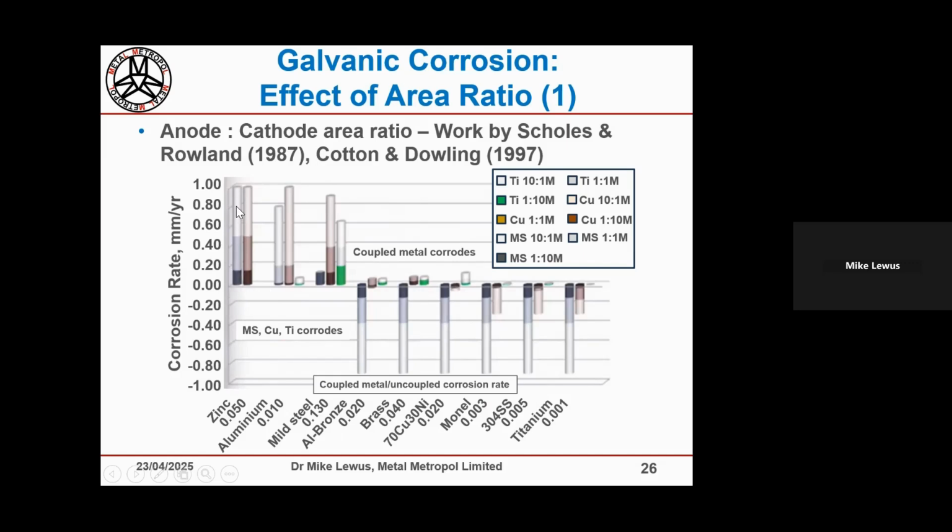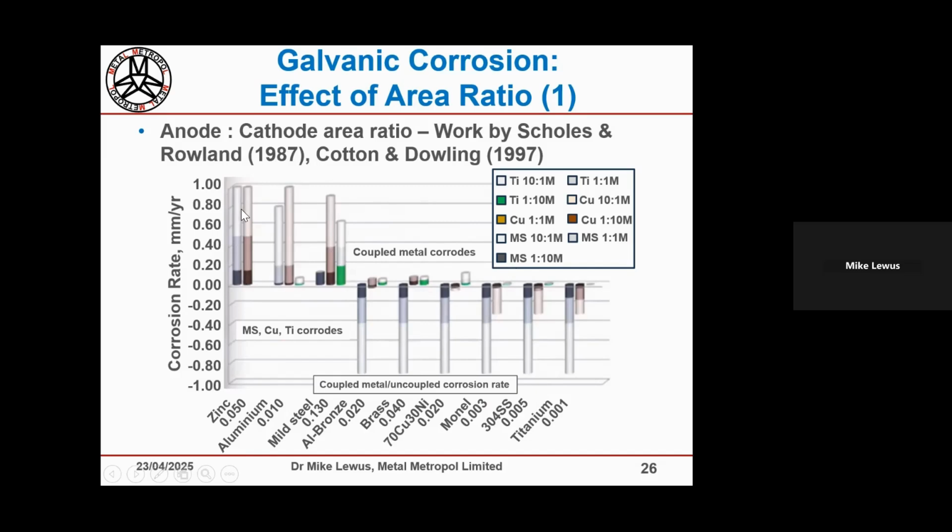But you'll see these three different colour shades. Now, the strongest colour shade is showing you a much bigger cathodic area relative to the anode. Sorry, I've got that the wrong way around. It's a small anode cathode area ratio. So we've got a smaller level of corrosion in the zinc.